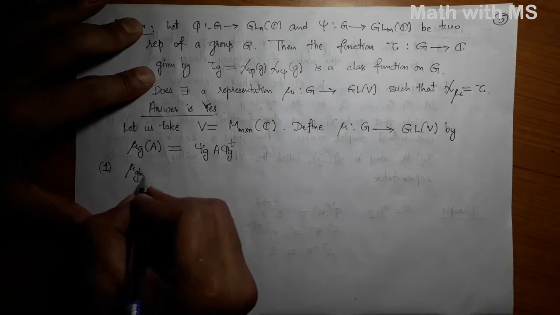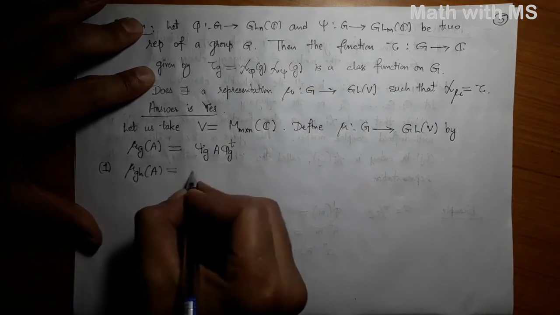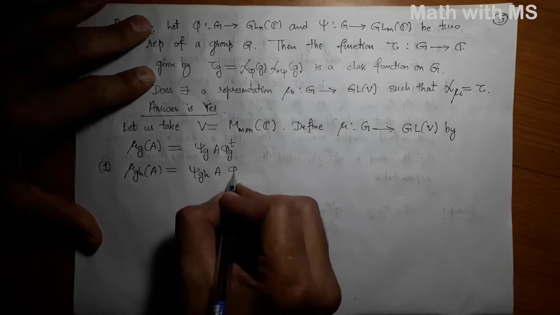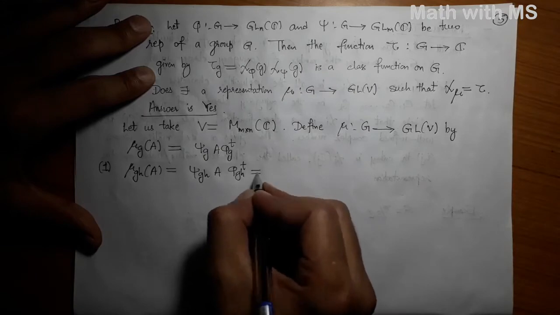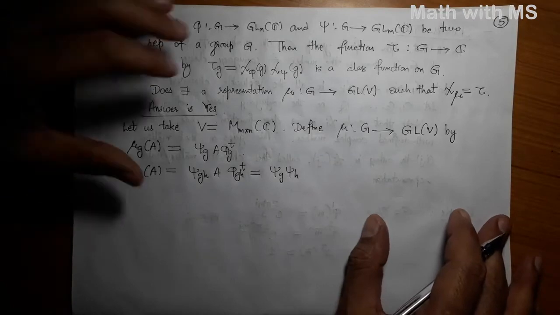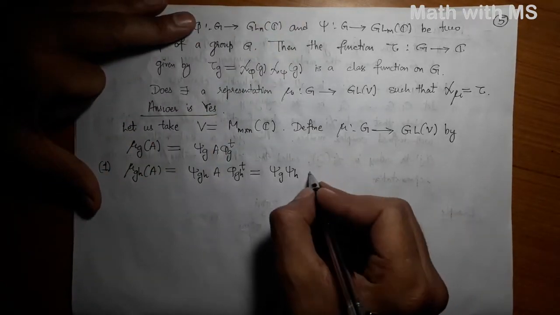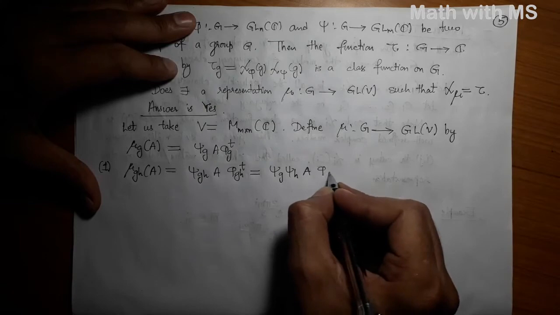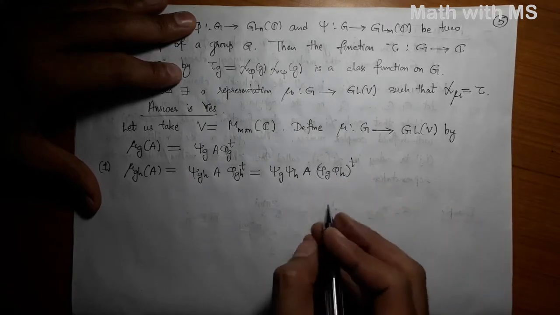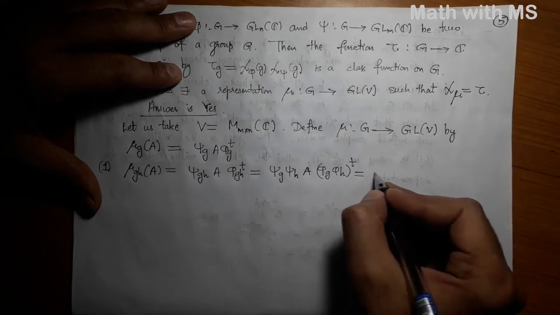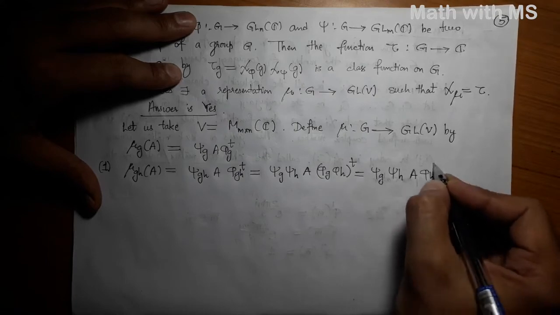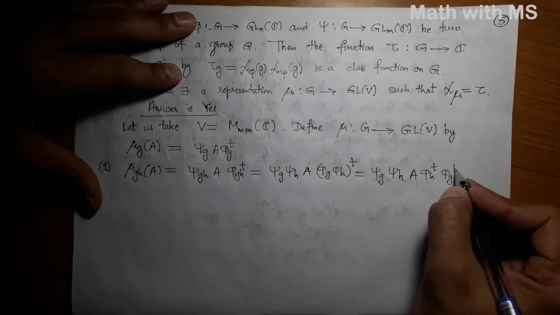So mu of gh acting on A is the same as psi of gh acting on A phi of gh transpose, but psi is a homomorphism, so it is the same as psi of g times psi of h times A times phi of g phi of h whole transpose, but transpose of AB is the same as B transpose A transpose, so that is the same as psi of g psi of h A phi of h transpose and phi of g transpose.